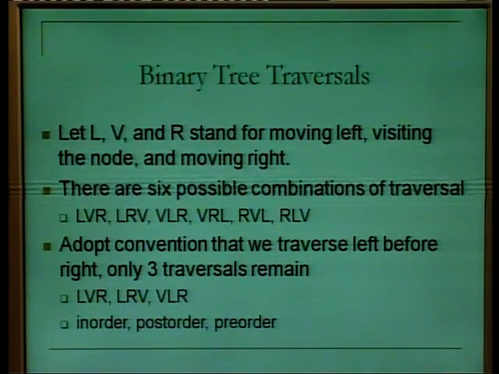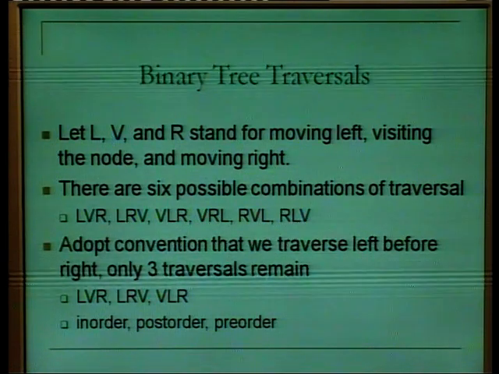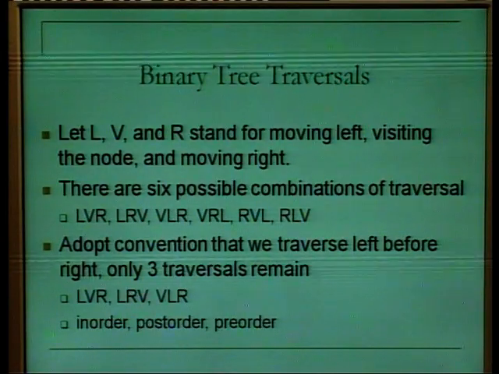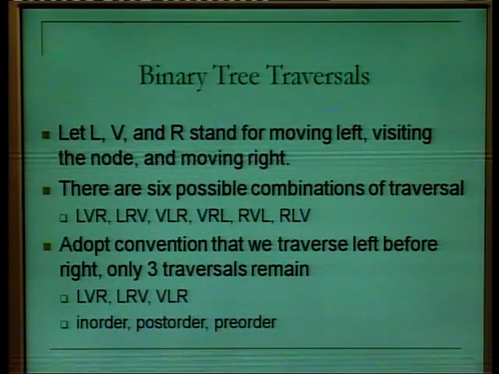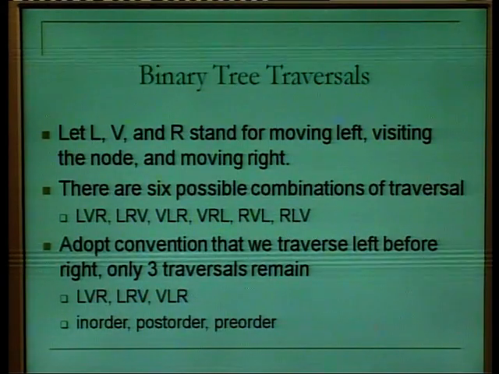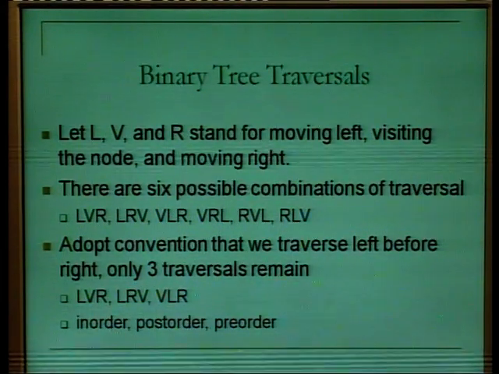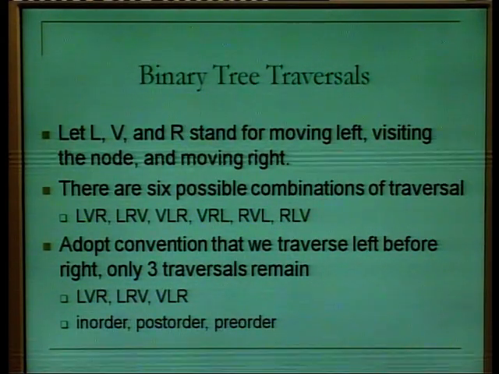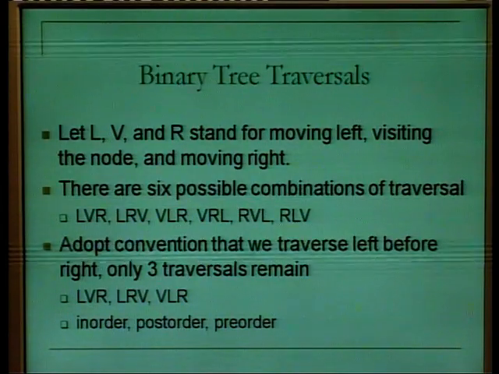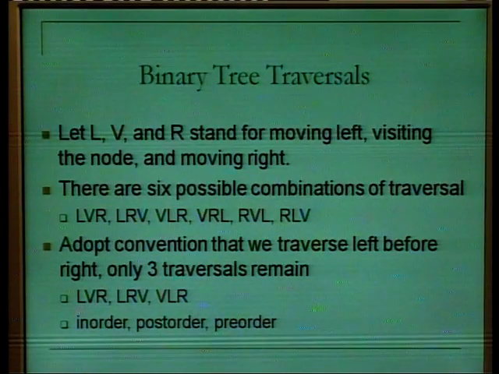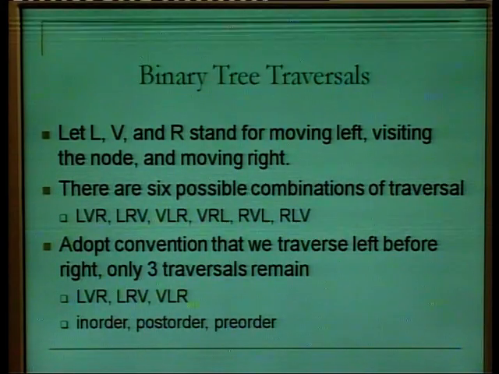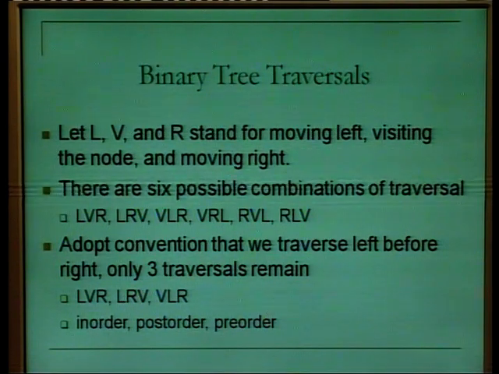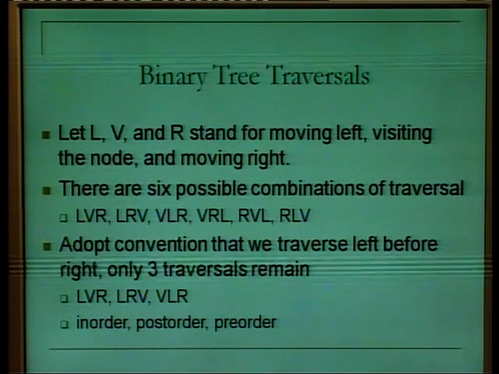We visit the node, then go to the left child, then go to the right child. Next is VRL, that is visit the node first, then go to the right child, then go to the left child. Next one is RVL, that means first go to the right node, then visit the current node and then go to the left. Last one is RLV, that is go to the right, then go to the left and then visit the node.